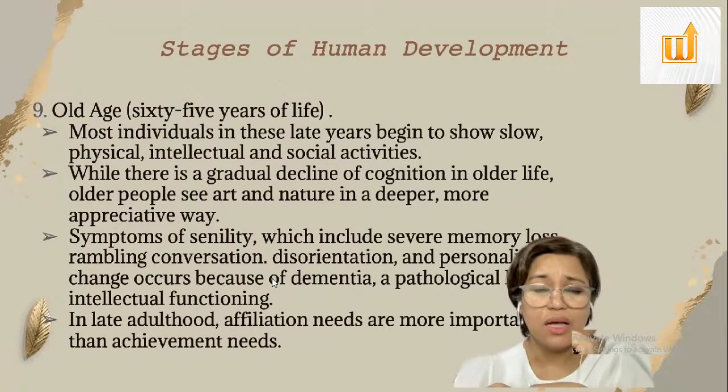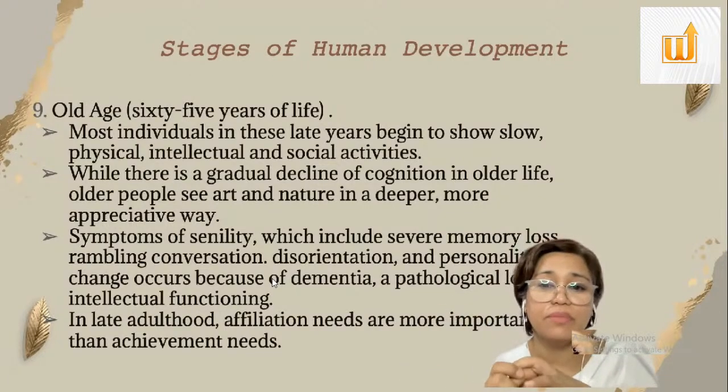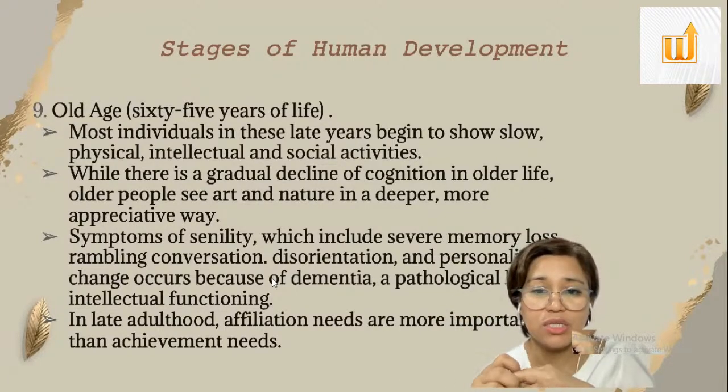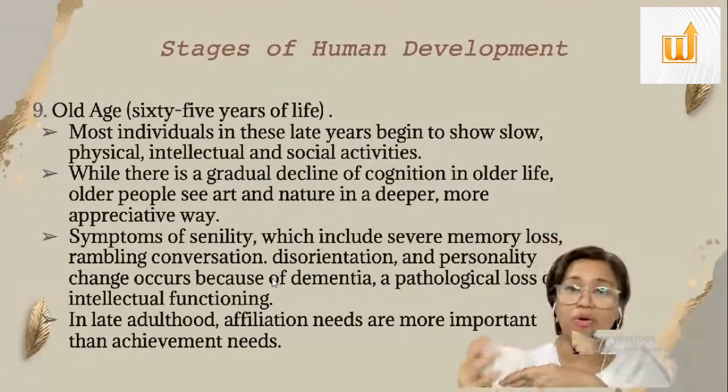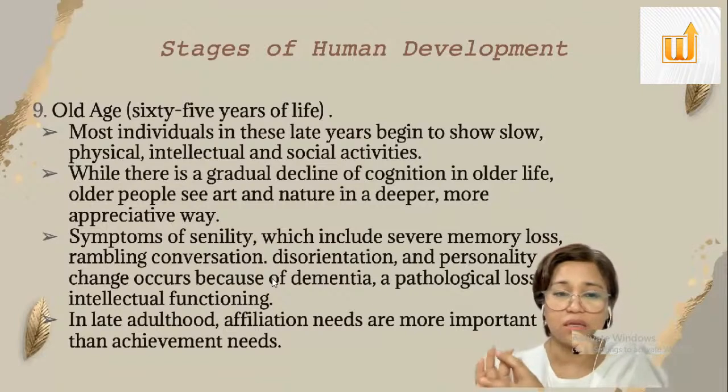This is also the time of the adults, or those who are already in their 65 years of life, to develop symptoms of senility or sometimes memory loss or other problems in the cognitive development, such as the dementia or lack or loss of intellectual functioning.